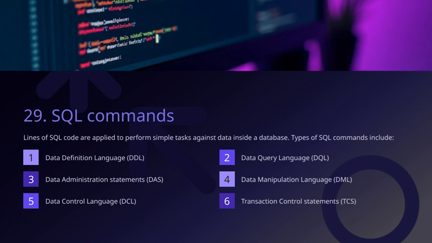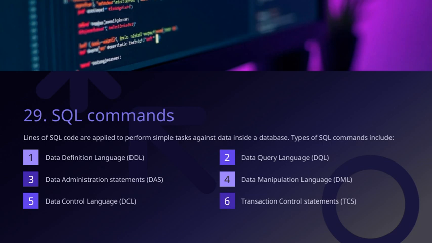Next, we have Data Administration Statements, or DAS, which deal with the administration and management of database objects and resources. These commands help maintain the database environment and ensure everything runs smoothly. Lastly, Data Definition Language, or DDL, includes commands such as create, alter, and drop.